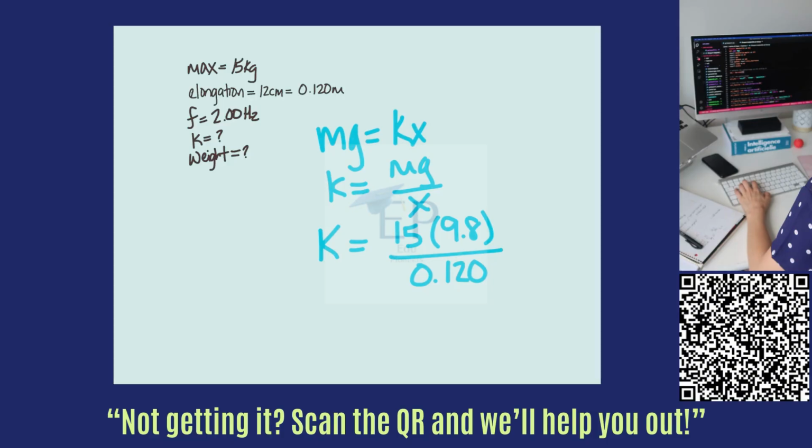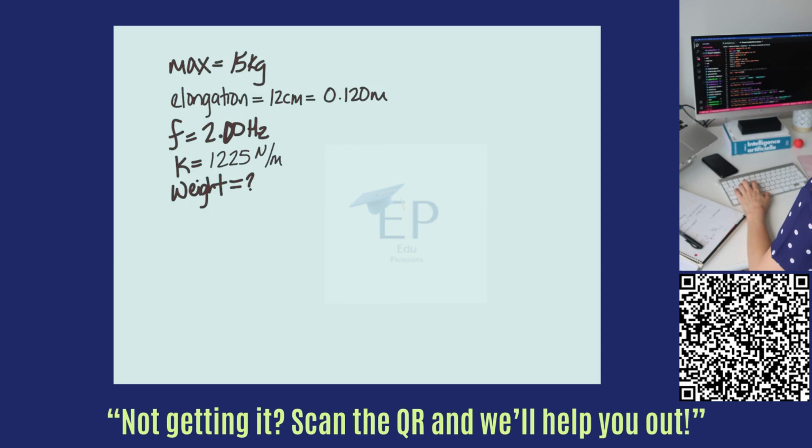And so when we calculate that out, we get k equals 1,225 newtons per meter.